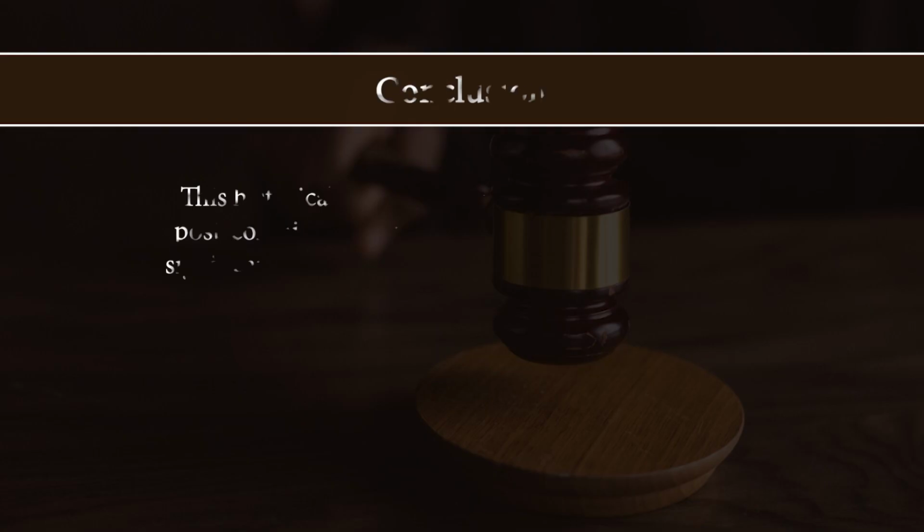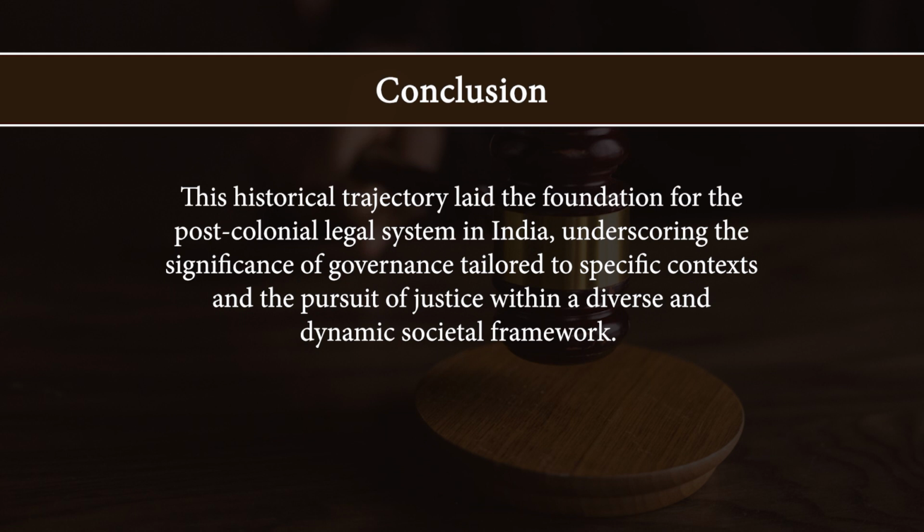The progression of civil law exemplifies a nuanced process involving adaptation, codification and localization. This historical trajectory laid down the foundation for the post-colonial legal system in India, underscoring the significance of governance tailored to specific contexts and the pursuit of justice within a diverse and dynamic societal framework.